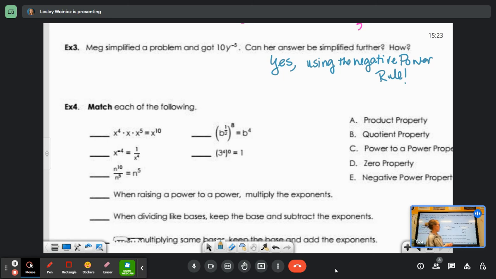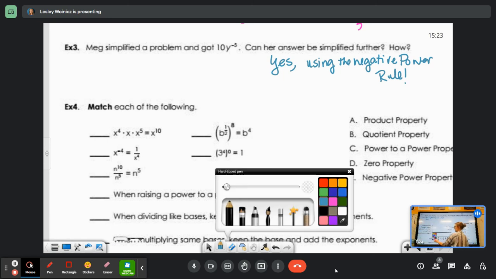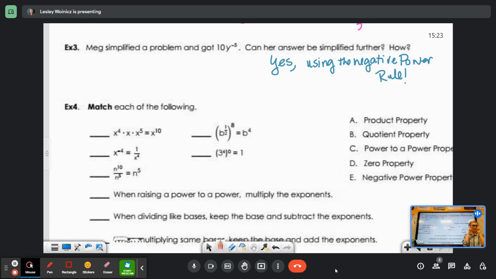Okay, so let's do that. First, we need to figure out what is the exponent on the 10. It is a 1. Okay, that 10 has a happy positive exponent. It doesn't want to flip. It wants to stay right where it is. It's fulfilling its life purpose in the numerator, as the math gods intended.